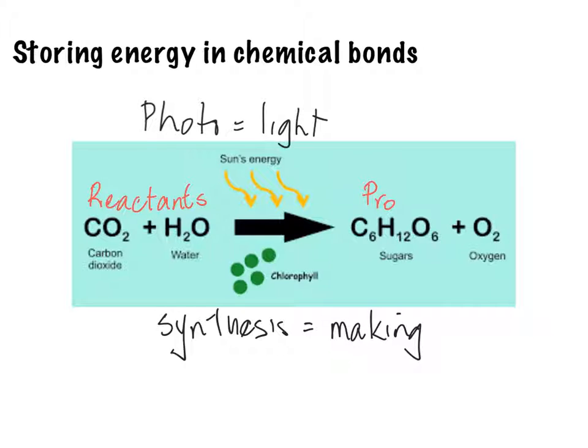Over the right hand side, we always read left to right, are things called products. In photosynthesis, the products are sugars and oxygen. The sugar is stored in the plant. Sometimes it is used in the plant for the plant to grow or repair itself, but that is a slightly different story.